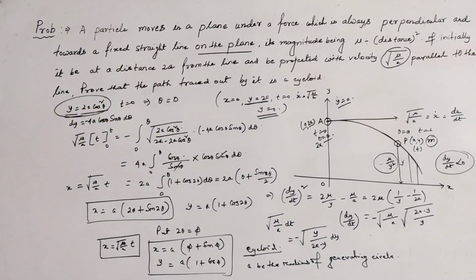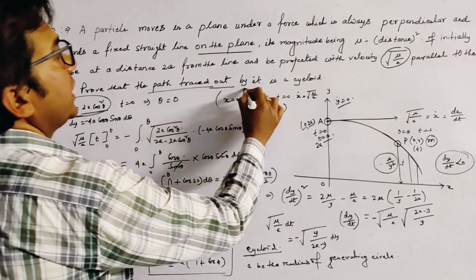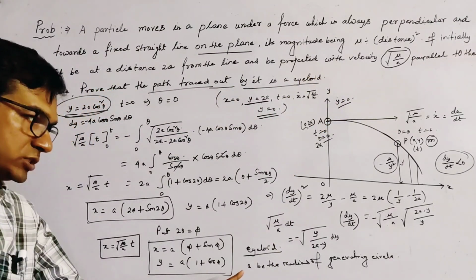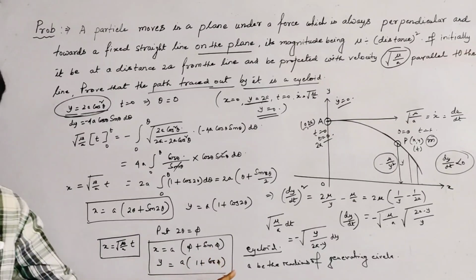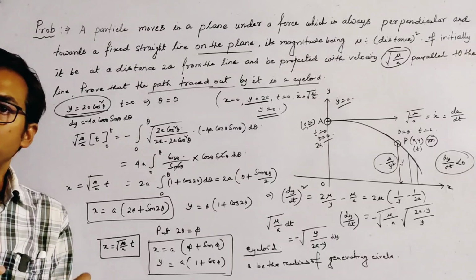Right? And so we prove that the path traced out by the particle is a cycloid whose generating circle radius is a. Okay, this is the complete solution of the problem.